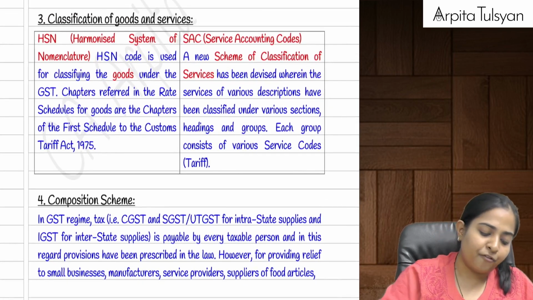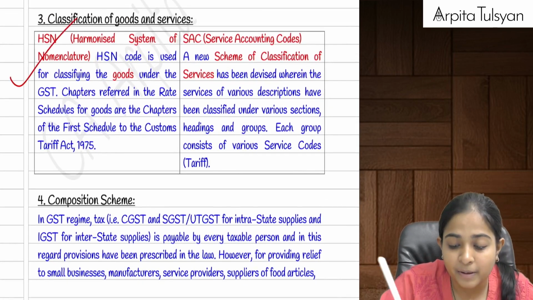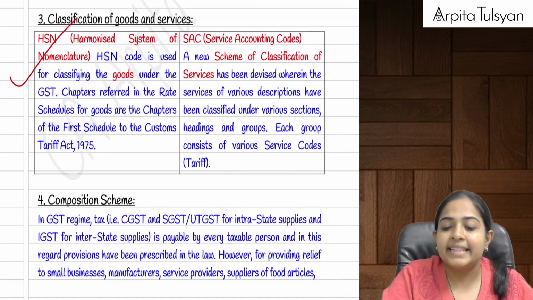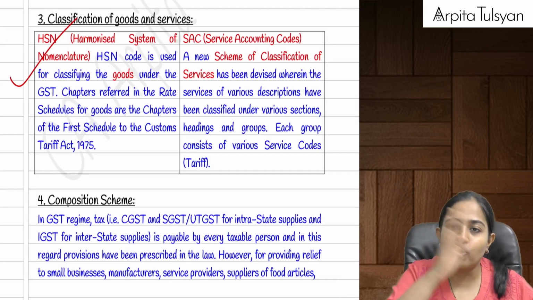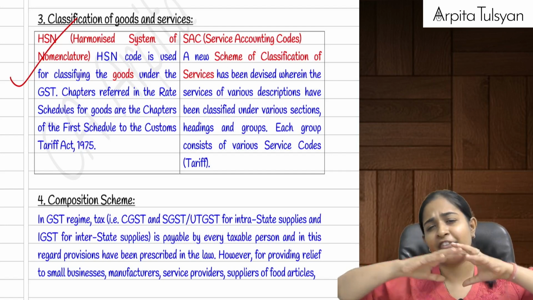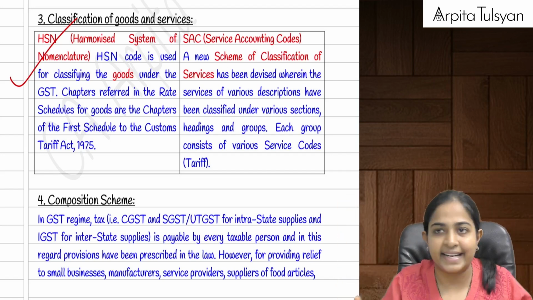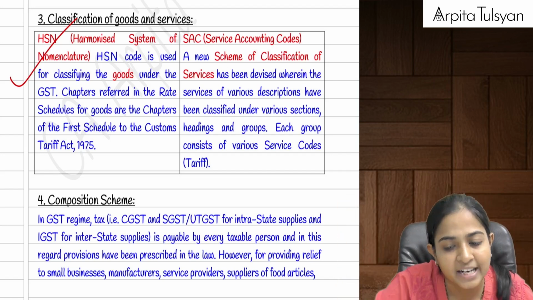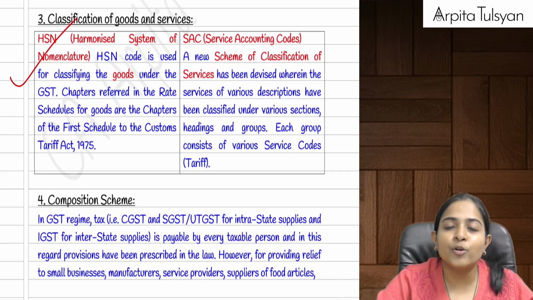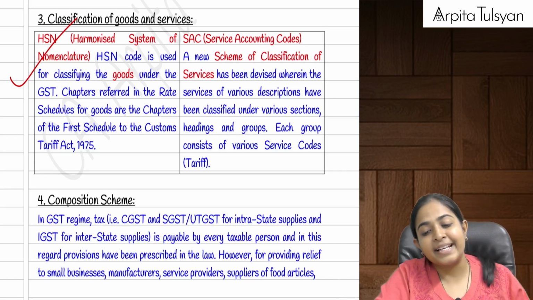Yes, then for the purpose of simplification, for the purpose of deciding the rates of GST, they have done some classification. For goods, they have bifurcated. Now we have n number of goods getting traded and manufactured in our economy. So they are telling that we are going to use the HSN code, harmonized system of nomenclature.